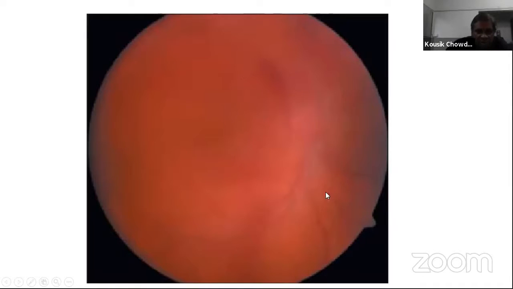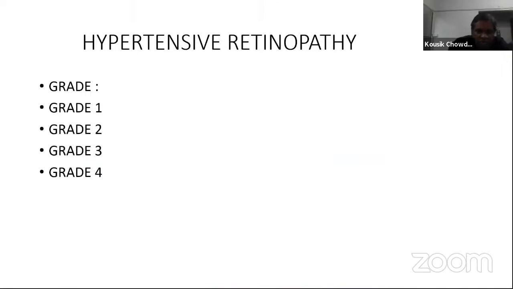We are not seeing the fundus, only faintly seen vessels, and there is hemorrhage all over, vitreous hemorrhage. These are complications of proliferative diabetic retinopathy.